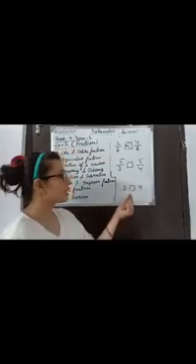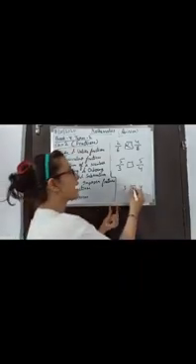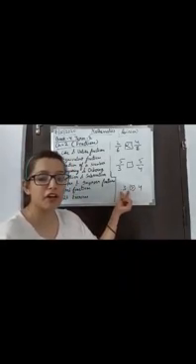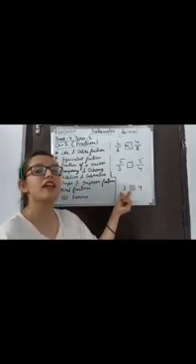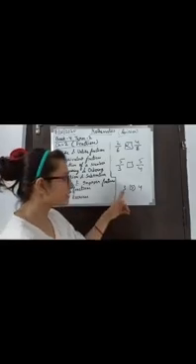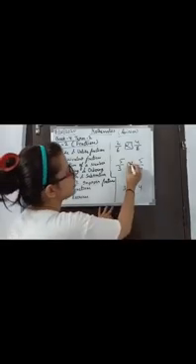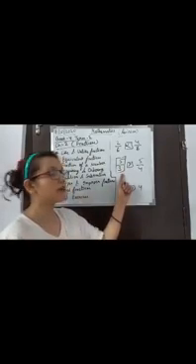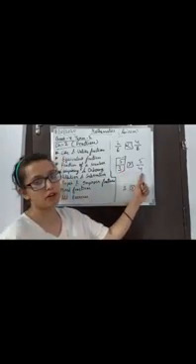Which one is smaller? 3 is smaller. So the fraction having smaller denominator has larger value. So if 3 is smaller here, this fraction has larger value. So this one is your bigger fraction and this one is your smaller fraction.